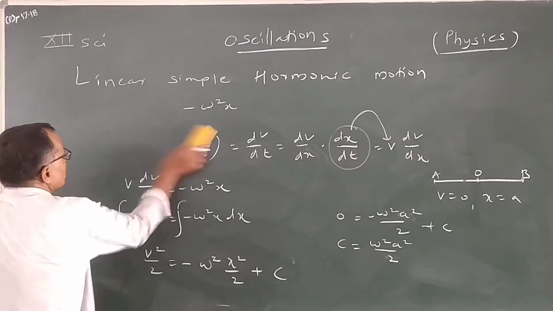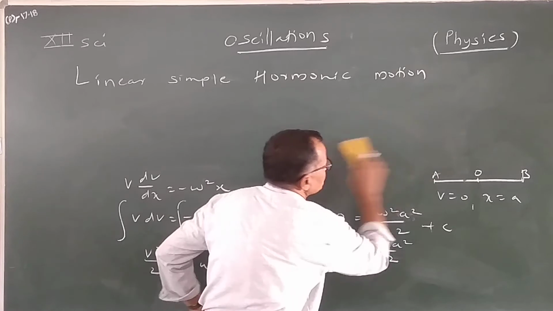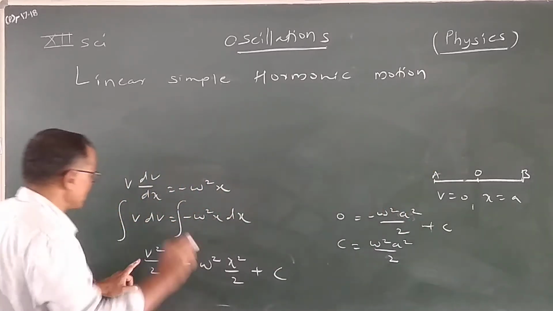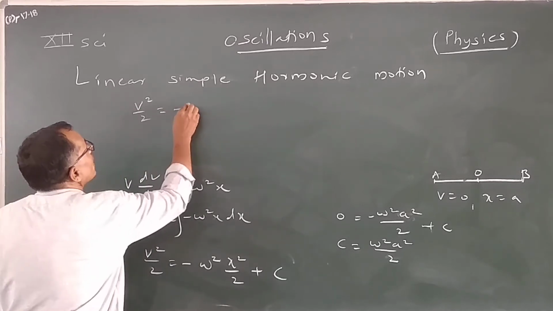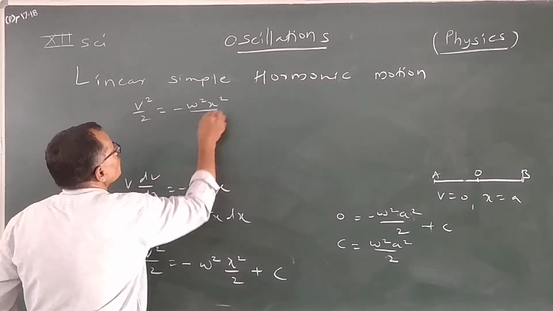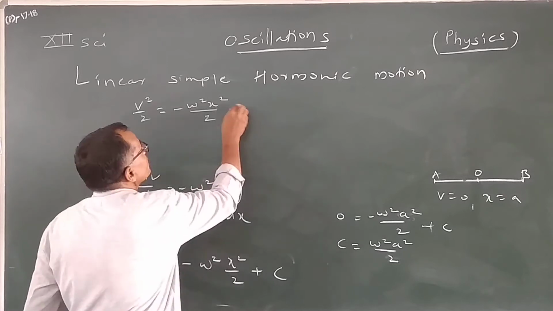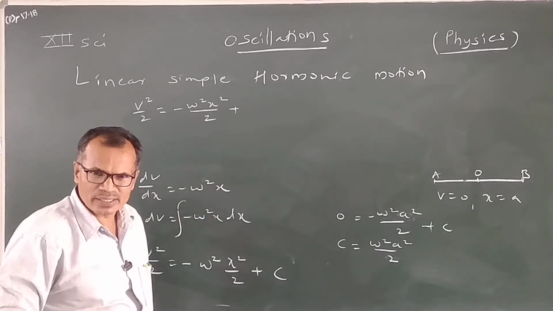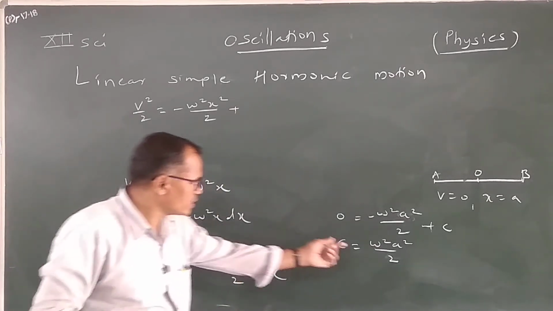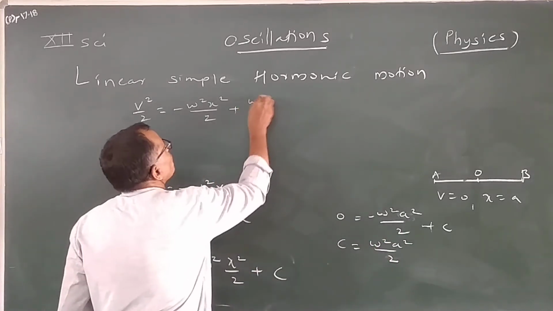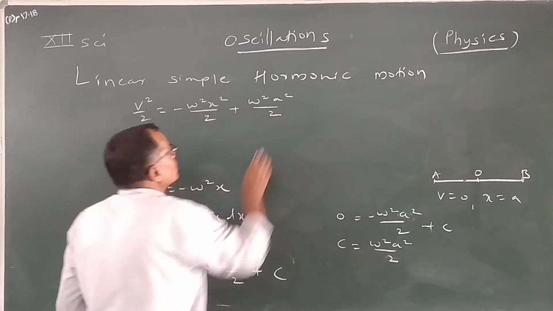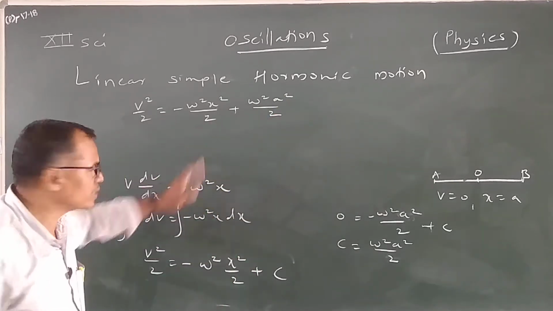Then the equation will reduce to v square upon 2 is equal to minus omega square x square upon 2 plus c. C is called as constant of integration, and we have calculated the value of c. C is equal to omega square a square upon 2. Now simplify this equation.